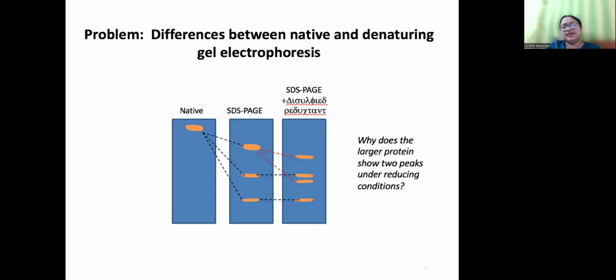So here it's written, why does the larger protein show two peaks under reducing condition? So what is the reducing condition here? Anyone? One question is, what is the reducing condition here?